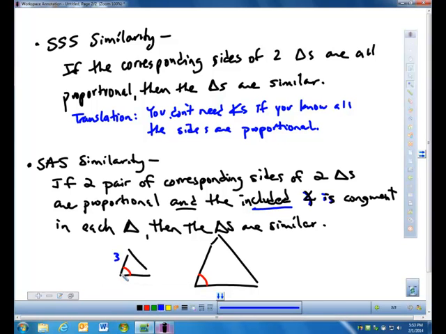Notice, I'm giving you numbers that put the angle in between those numbers. So I'm going to look at my ratios here. 3 is to 6 as 5 is to 10. Is that the same ratio? Of course, cross multiplying shows me that they are, and so now I have side-angle-side.